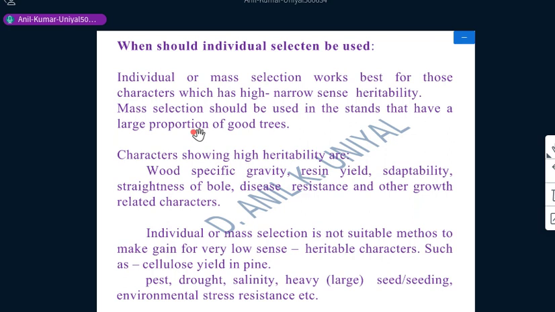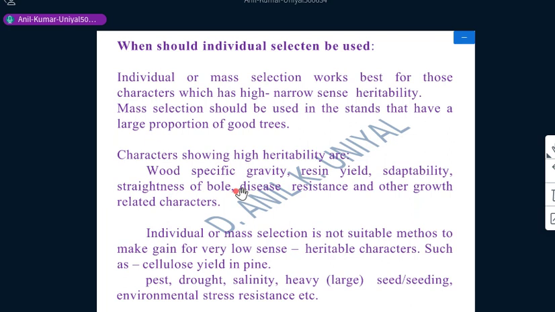We can go for a larger number of tree selections if we have more stocking of good trees in that forest. The characters with high heritability are wood specific gravity, which is determined after calculation of volume and height of the tree as well as age, then resin yield, adaptability, straightness of bole, disease resistance, and other growth related characters.